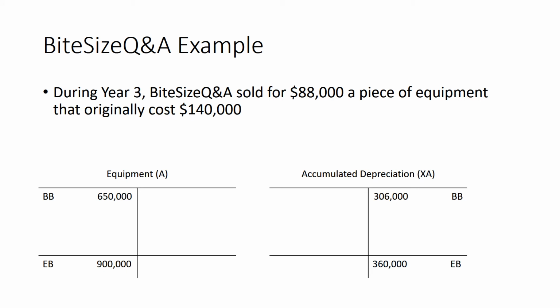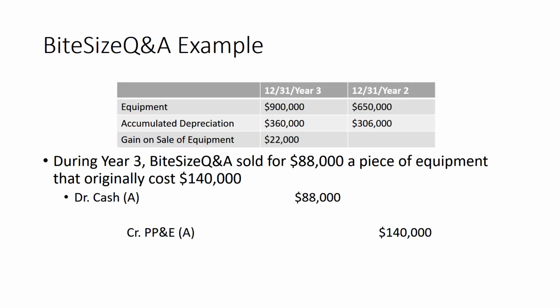During the year, Bite-Size Q&A sold for $88,000 a piece of equipment that originally cost $140,000. Let's think about the journal entries that are associated with this. That means they received $88,000 in cash, so we'll debit cash.